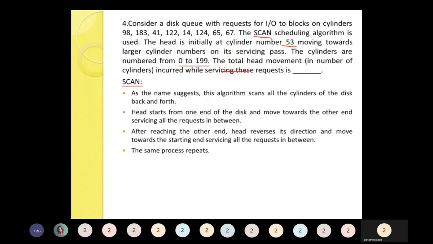The same procedure is done here. It scans all the cylinders of the disk back and forth. It starts from one end of the disk and moves towards the other end, servicing all the requests. After reaching the other end, it reverses direction, servicing all the requests in between. The same process repeats. This is called the SCAN algorithm.